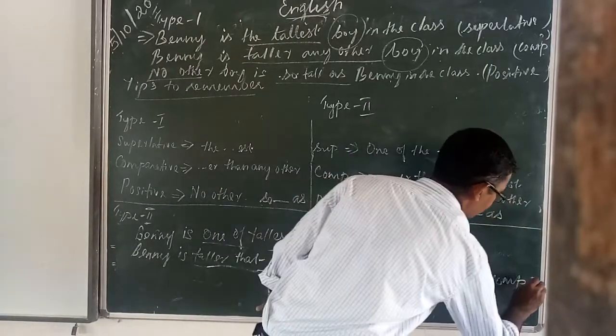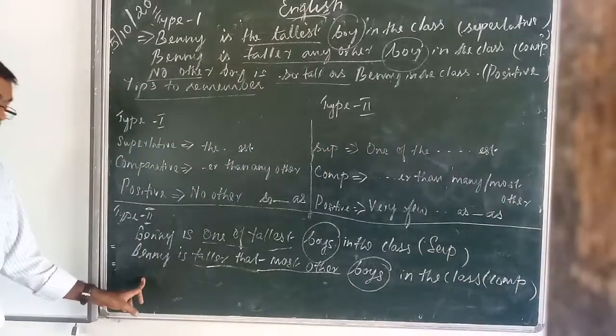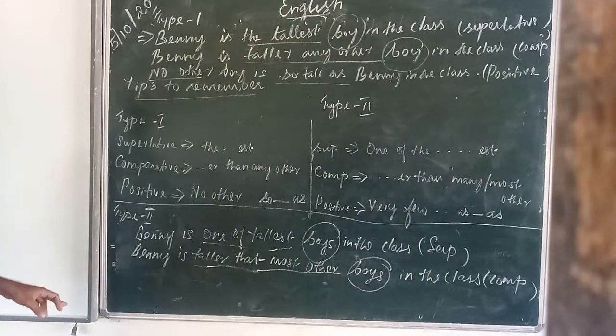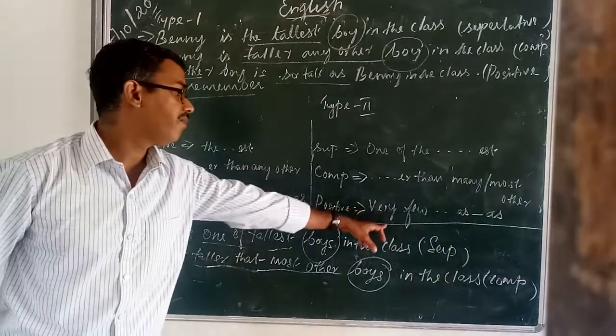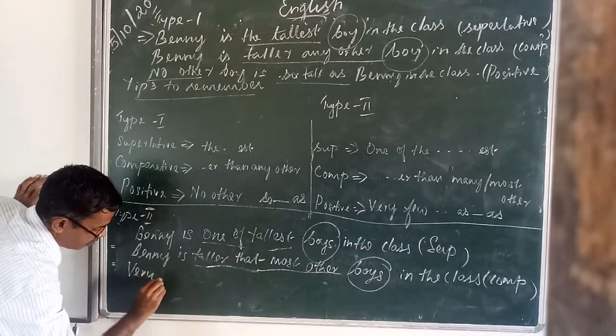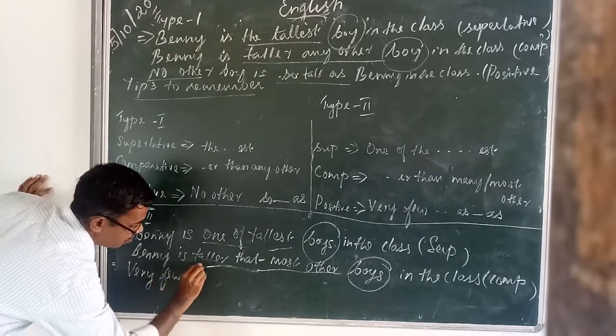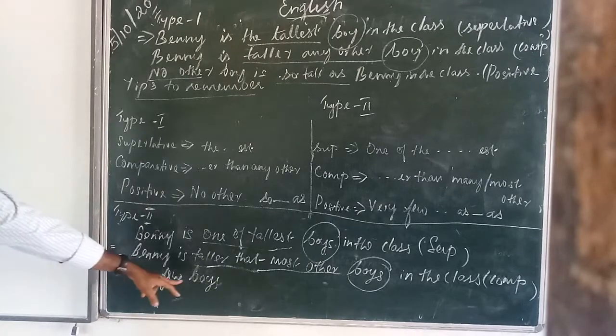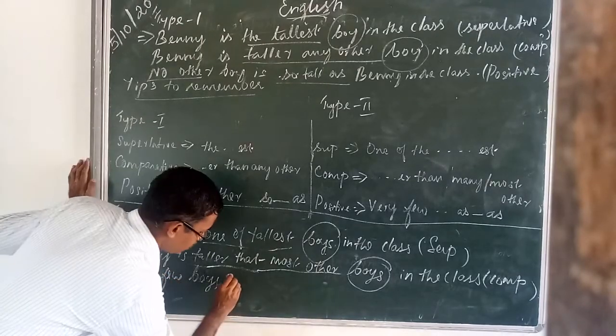This is comparative degree. Then when you come to the next one, positive degree, you have to use very few. Boys, very few means you have to use plural subject, boys.